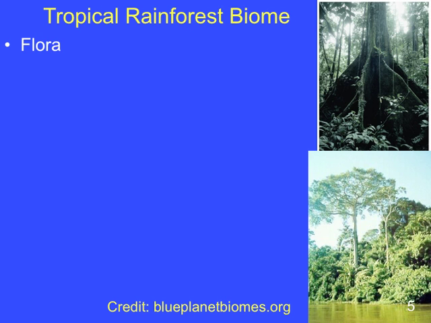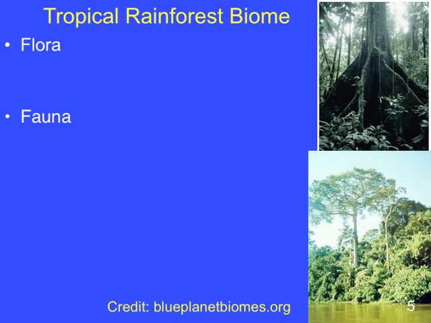With respect to fauna in a tropical rainforest biome, there are amphibians, particularly frogs, and many different insect species, as well as birds, monkeys, snakes, lizards, fish, etc. There are also larger animals, which tend to be fewer in abundance. One of the really amazing qualities about a tropical rainforest biome is its biodiversity.